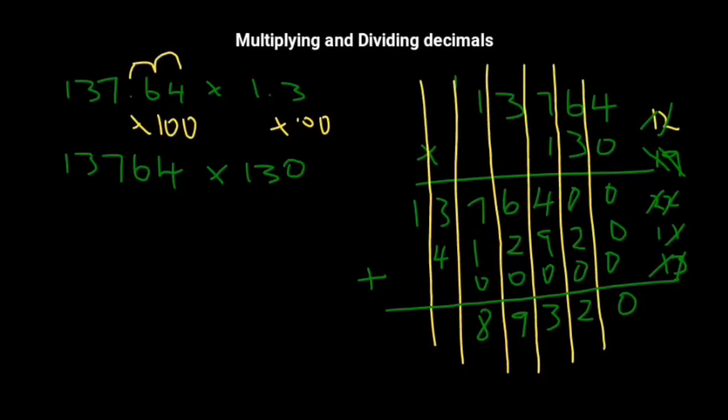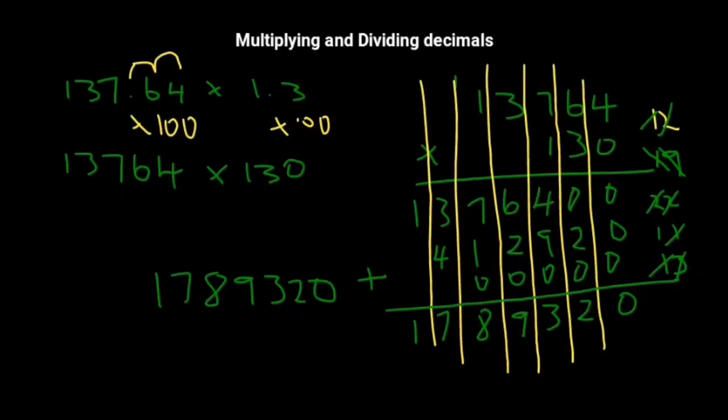And then we have 4 plus 3, which is the same as 5 plus 2 gives us 7, and then our 1 comes down. So our answer now is 1,789,320. However, we need to check our decimal places.